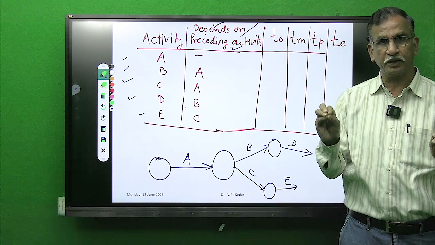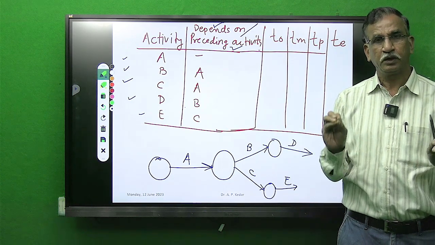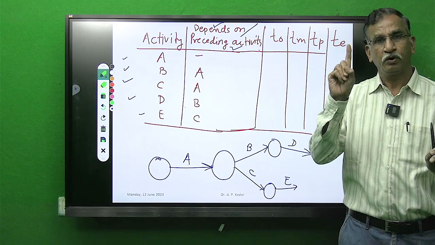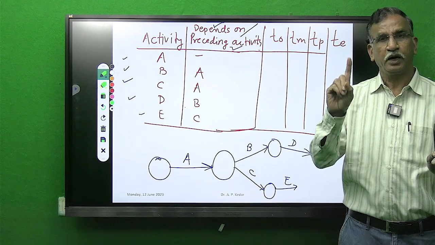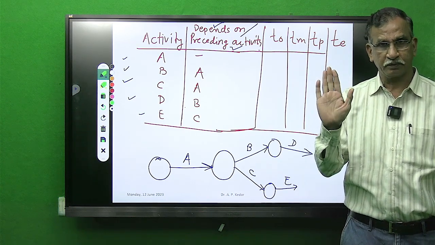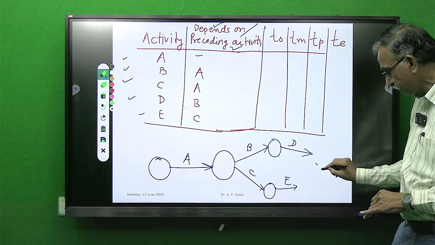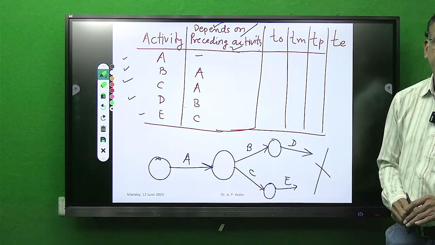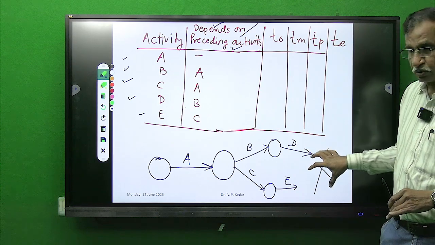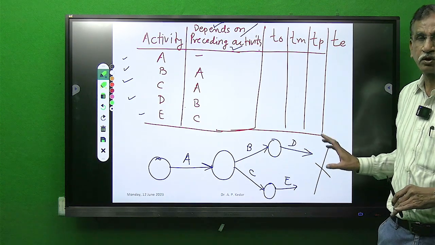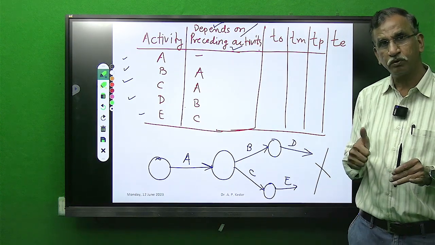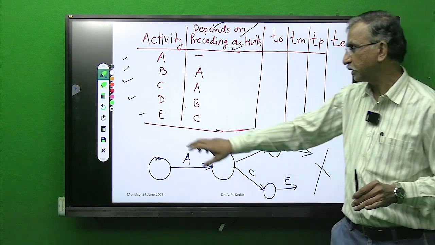Whatsoever the complications in the network, any network will have only one starting event and only one end event. You know that? Yes. So, definitely this is wrong. Intentionally I have drawn it like this. This is wrong. So what is correct? How should one avoid the mistake?